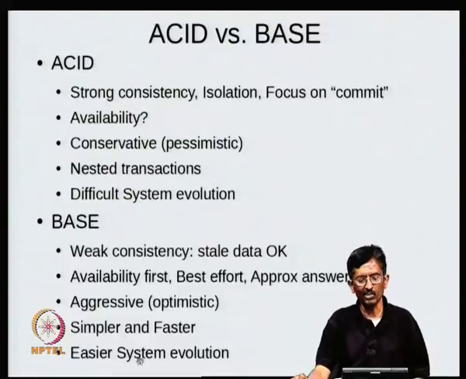It's got an easier system evolution because it doesn't have very strong notions of invariant properties, and that is quite true for most large systems. If I'm talking about a large system, nobody comes and says that this is the invariant that has to be followed. Suppose you take a look at some major problems that we face in the world right now, like parties which want to blow up some places. There is no rule that says all buildings have to be preserved or some such thing.